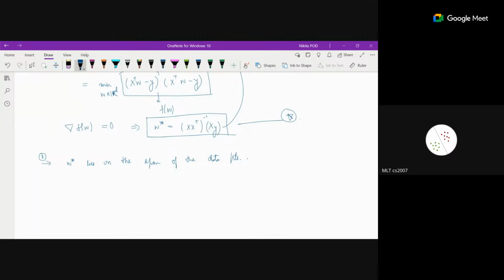What we had also seen is that if you take X transpose W star, then this X transpose W star turned out to be the projection of yi's onto the subspace spanned by the features.